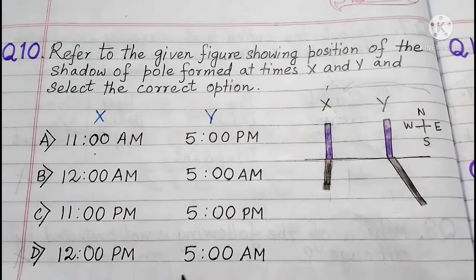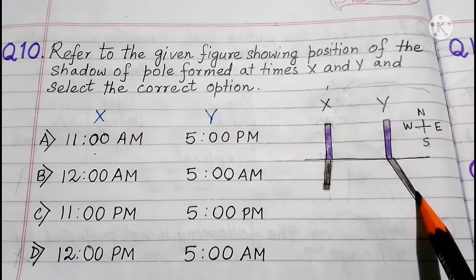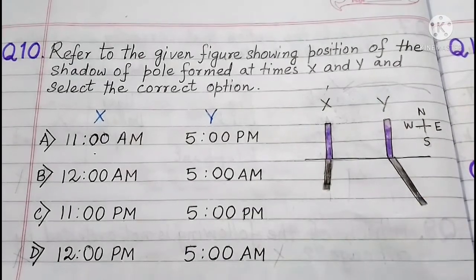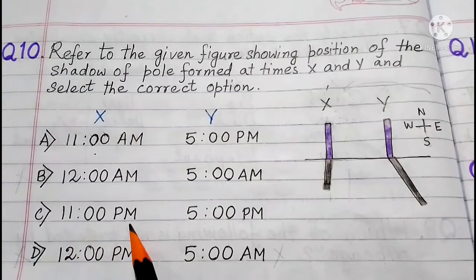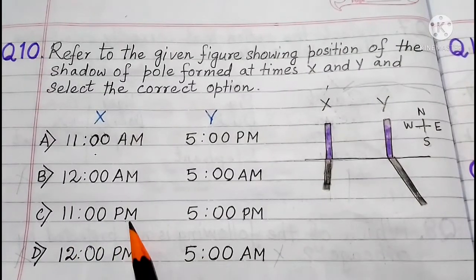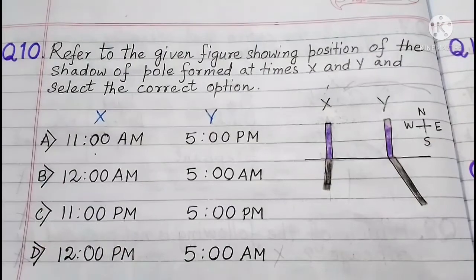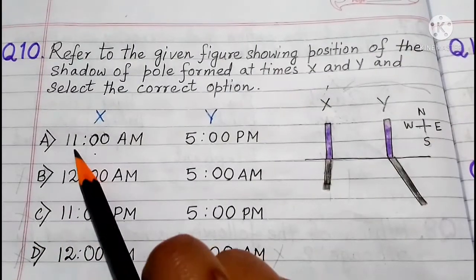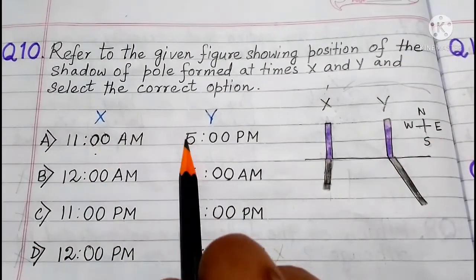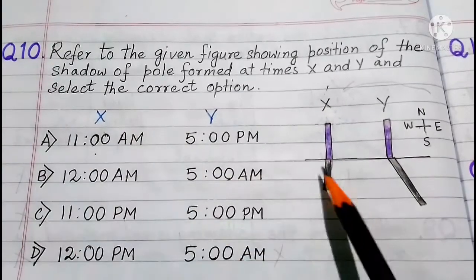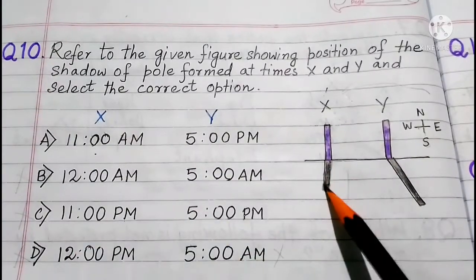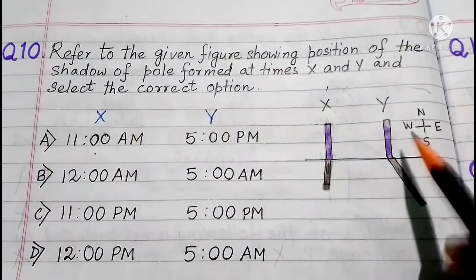And 5 a.m. should not be there. So this option is also wrong. And then 11 p.m., no, 11 p.m. means it's night. Okay, so this option is also wrong. So only option that we are left with is 11 a.m. and 5 p.m. So yes, it's possible that at 11 a.m. the shadow will be like that, and at 5 p.m.